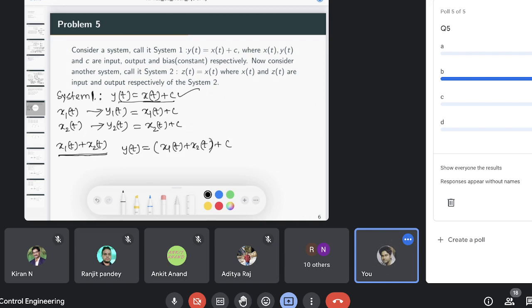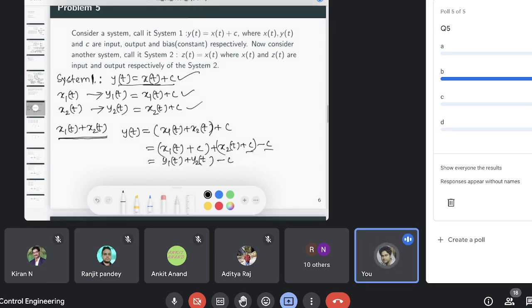I can write this as x1t plus c, plus x2t plus c, minus c. I just added a c and subtracted a c. Then it is y1t plus y2t from these two expressions, minus c. So as you can see, this yt is not equal to y1t plus y2t if c is not equal to 0.